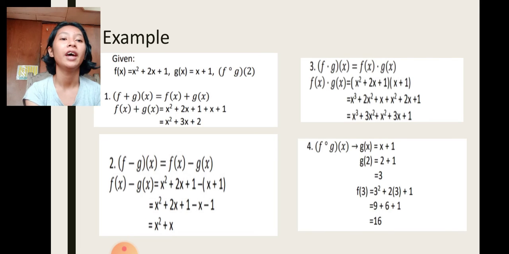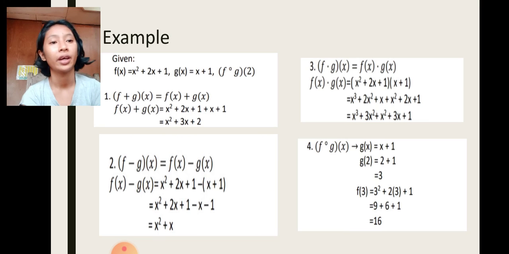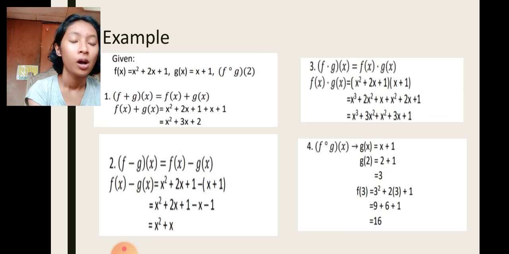Third, f multiplied by g of x, so f of x times g of x. So x squared plus 2x plus 1 times x plus 1. x squared times x is x cubed, x squared times 1 is x squared. Then 2x times x is equal to 2x squared, and 2x times 1 is 2x, and then 1 times x is equal to x, then 1 times 1 is 1.